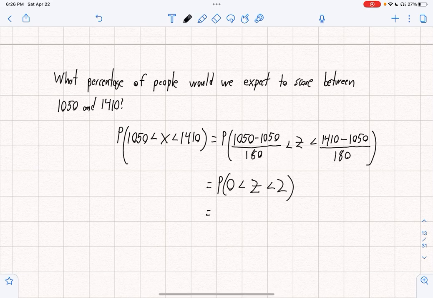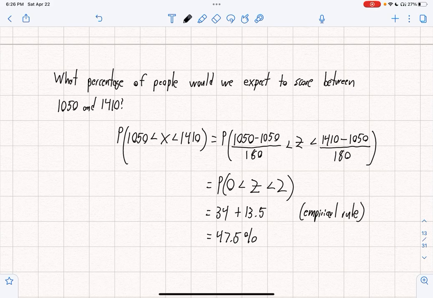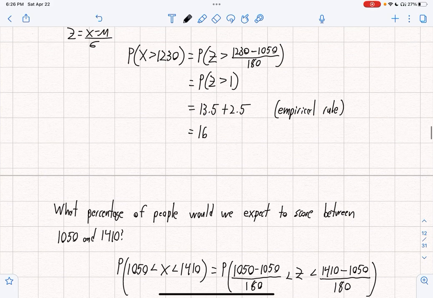So 34 plus 13.5 is 47.5%. Again, by empirical rule. So these are percents.